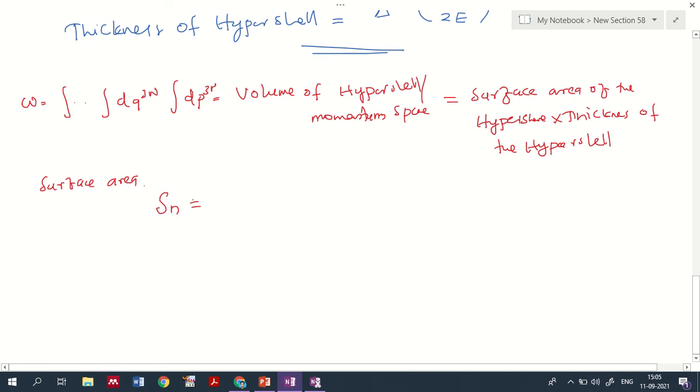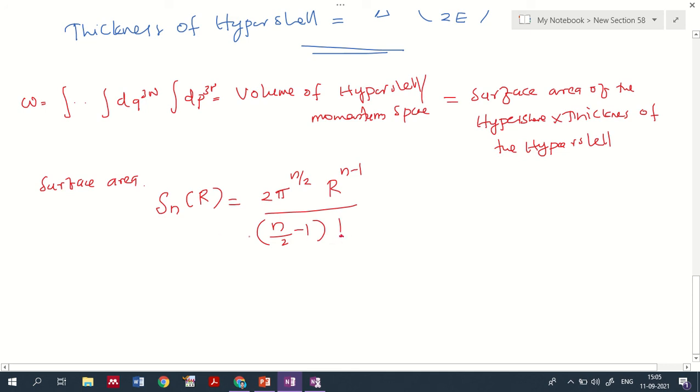Let me mention Sn of r here, where r is the arc radius of the shell, which has the general equation 2 pi raised to n by 2, r raised to n minus 1, divided by n by 2 minus 1 factorial.